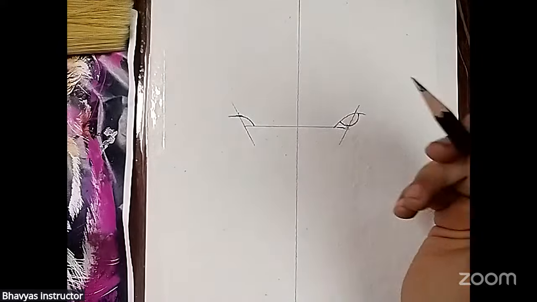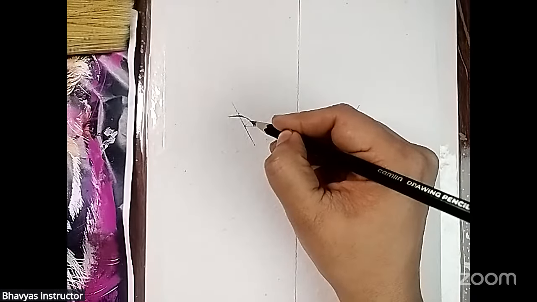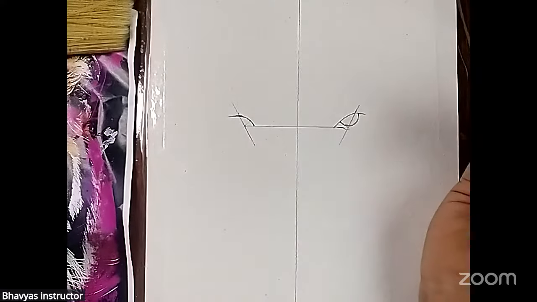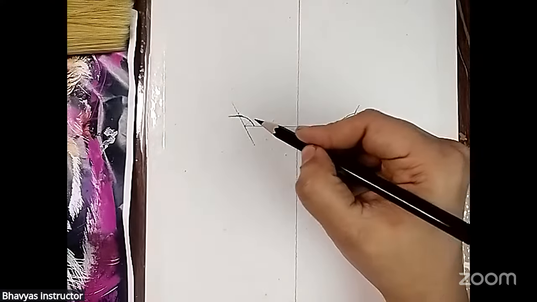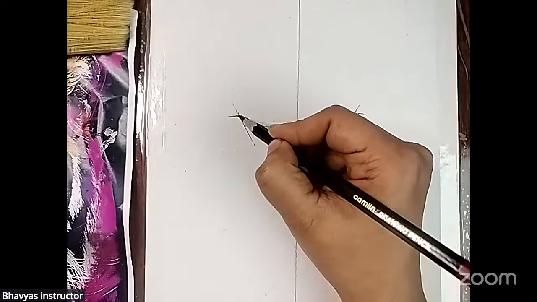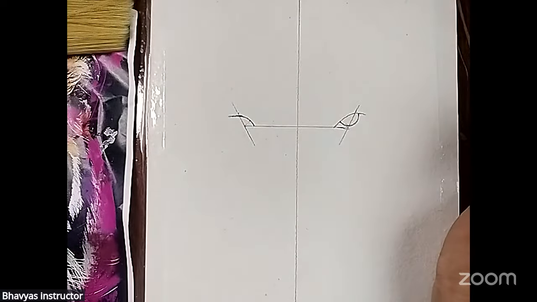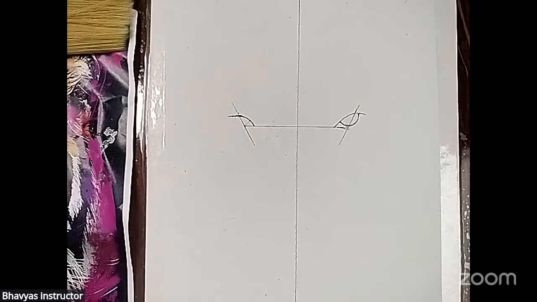Now, from this point, you just draw one line like this and put one dot here on the left side. From outside, here one dot, so that we will get imaginary points.